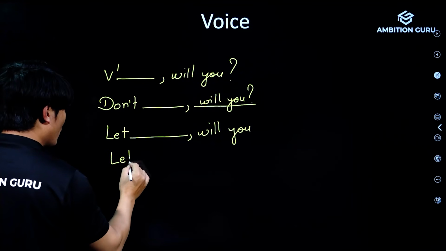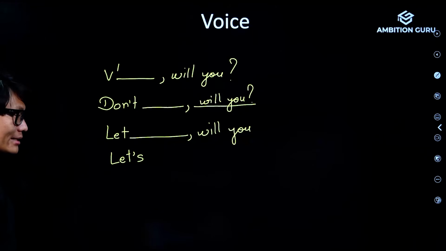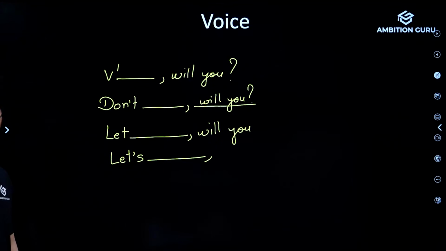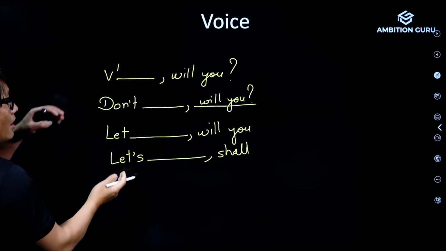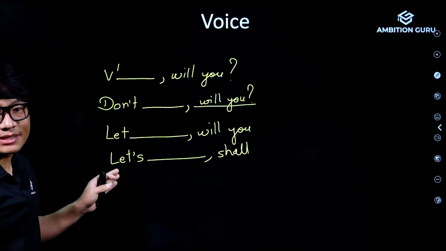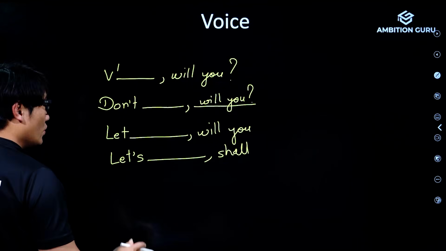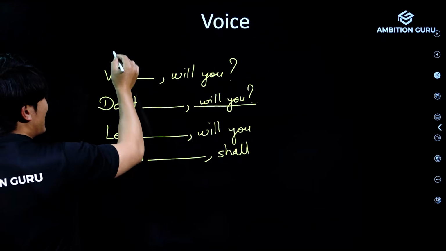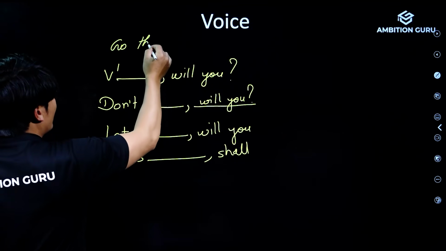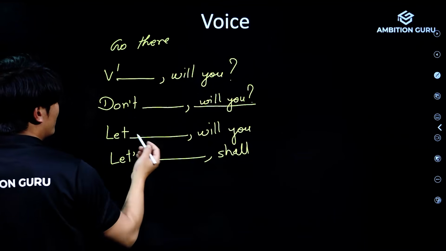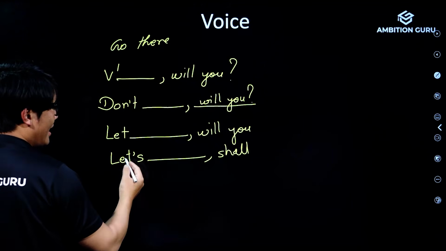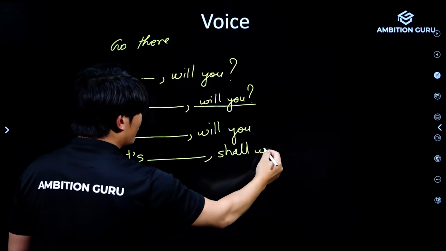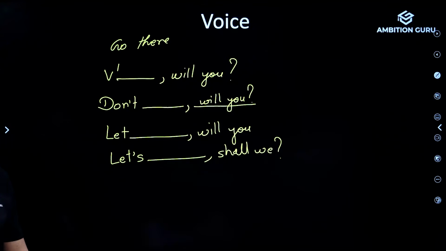But if there is "let's", then the tag question should be "shall we". Very good. So this is very simple. These are called imperative sentences, so imperative sentences are very easy; no need to worry. Example: Go there, will you? Don't go there, will you? Let me go there, will you? Let's go there, shall we? So that's the answer.